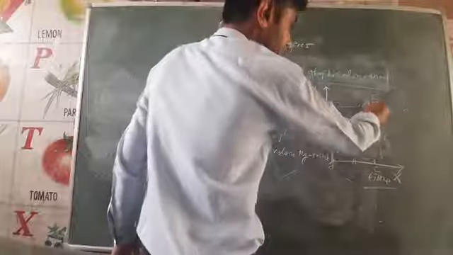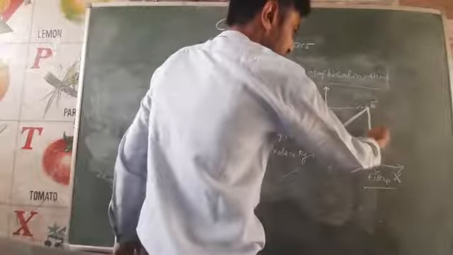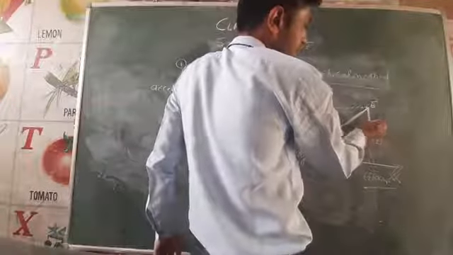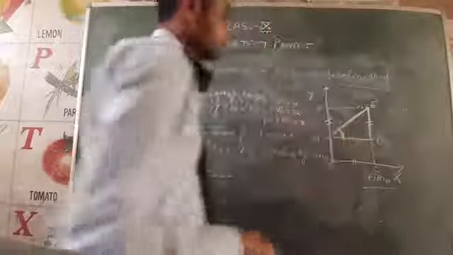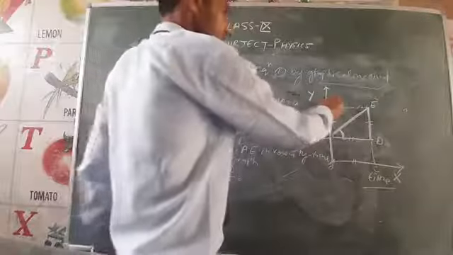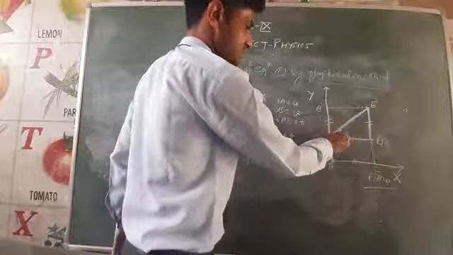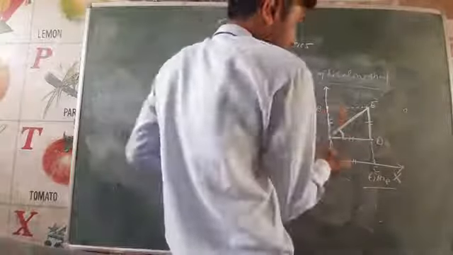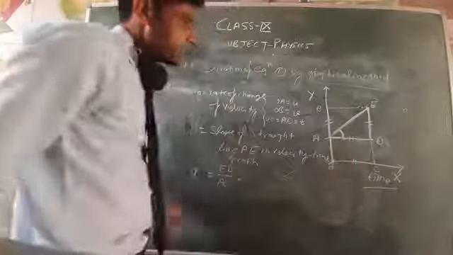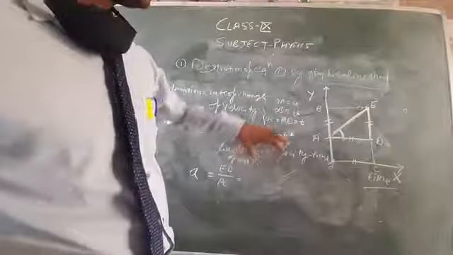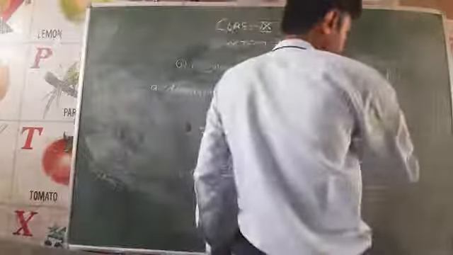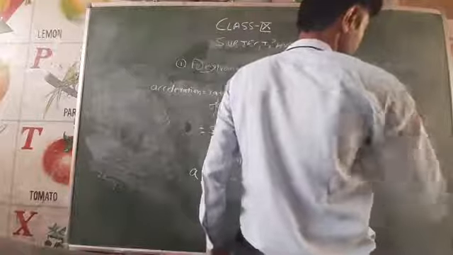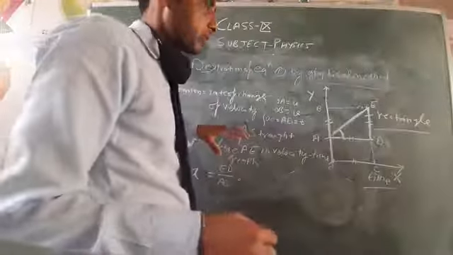This line ED is equal and parallel to BA, because you can see clearly ABDE is a rectangle, and as you know, the opposite sides of a rectangle are equal.